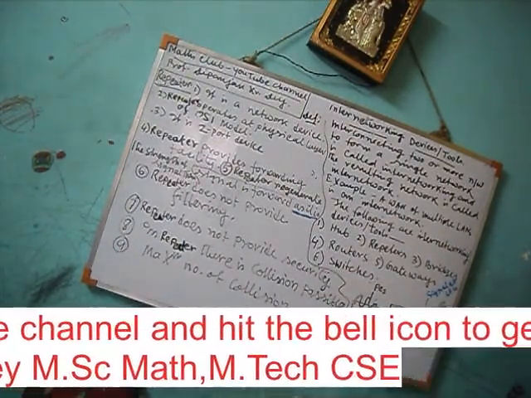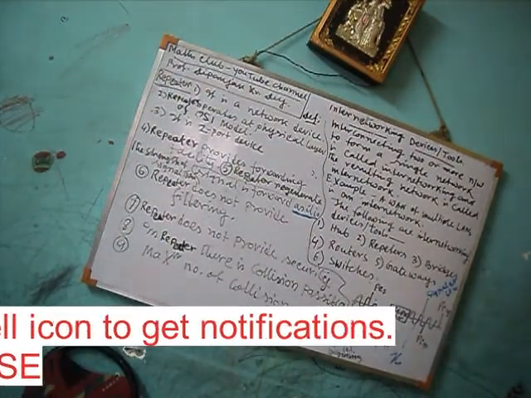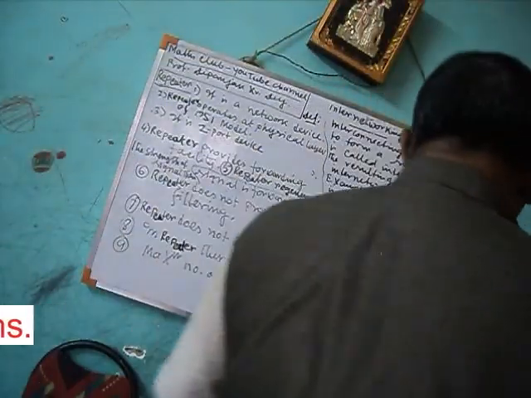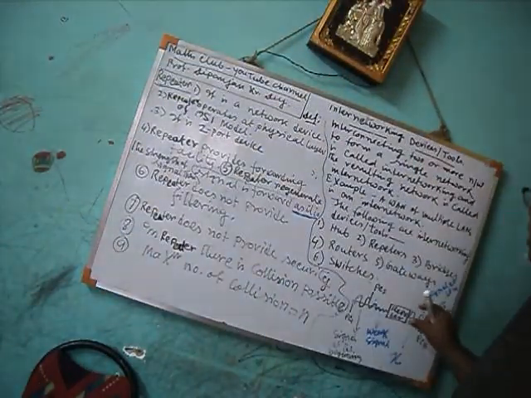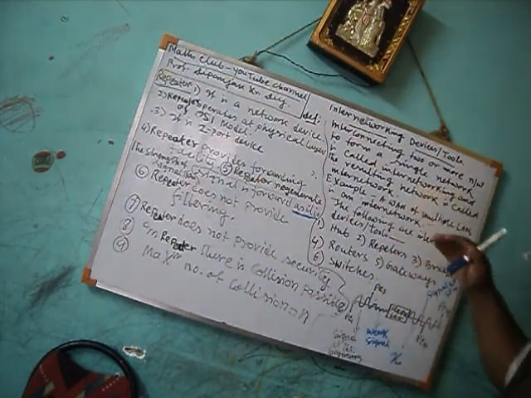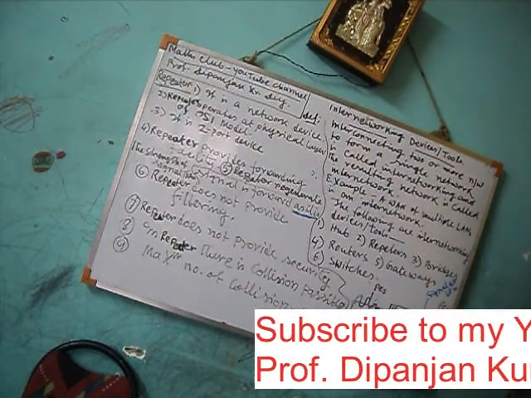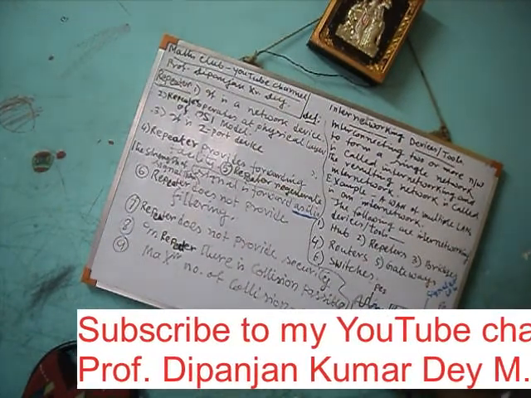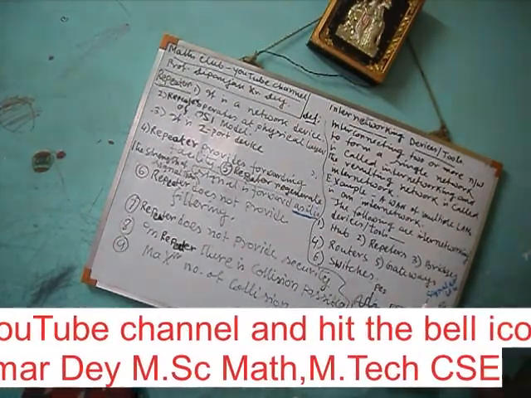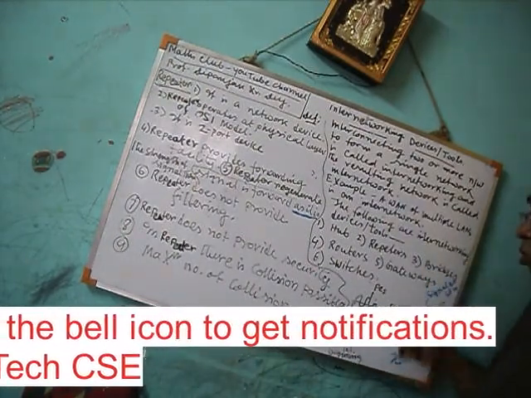So what is the main function of a repeater? It increases the strength of the signal up to the beginning strength, X, not more than X.